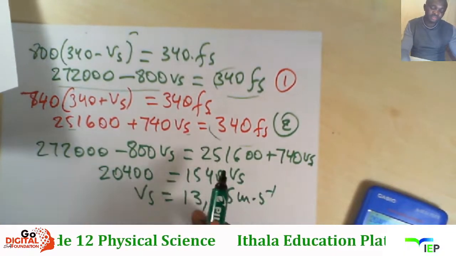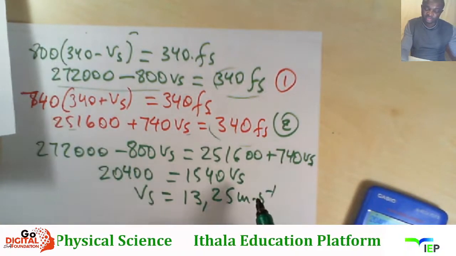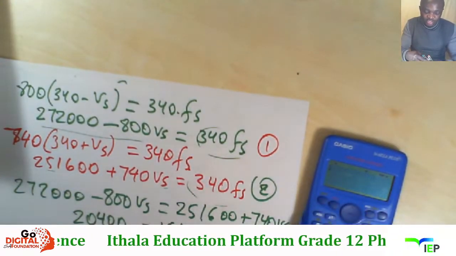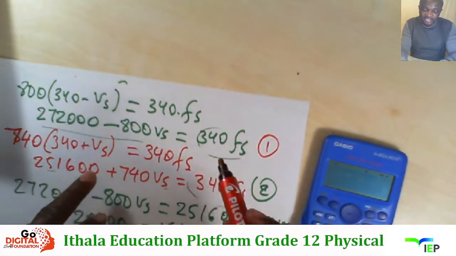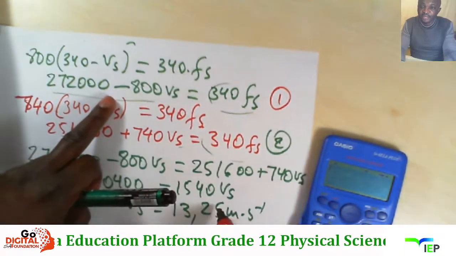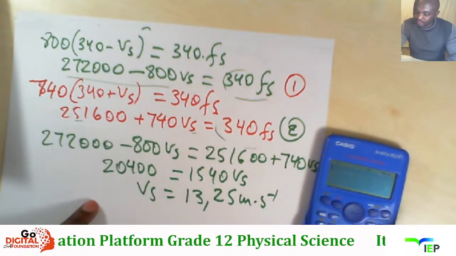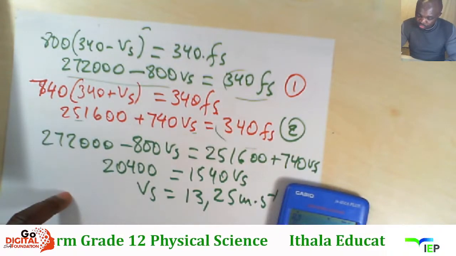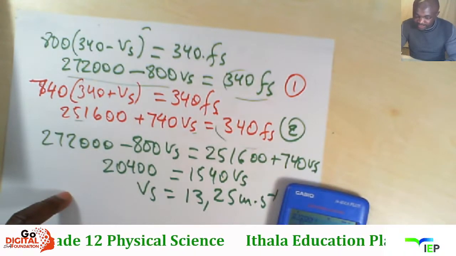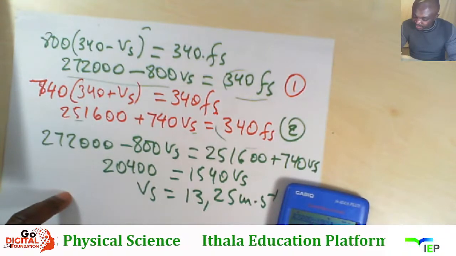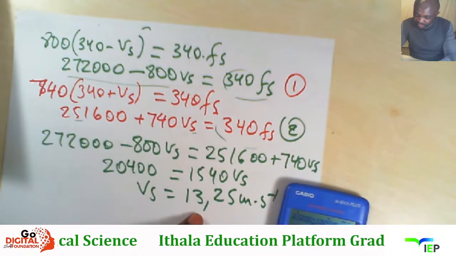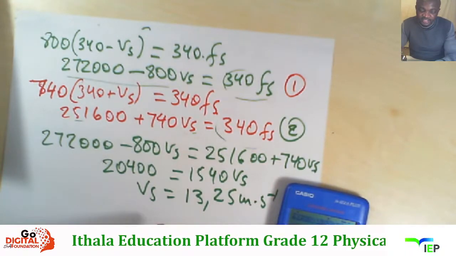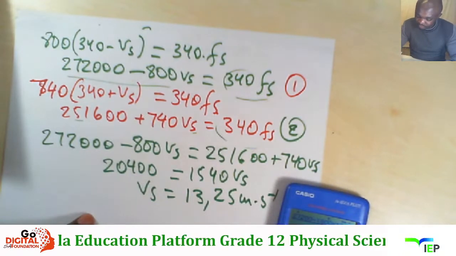Now that I have found this, I can use any equation to find what Fs is. Let me use equation 1 just to get it. So for Vs I put in 13.25. I'll just use the calculator: 272000 minus 800 times 13.25, in brackets, divided by 340.